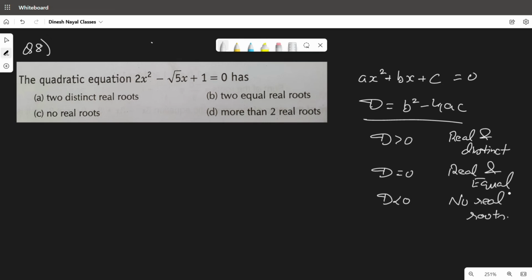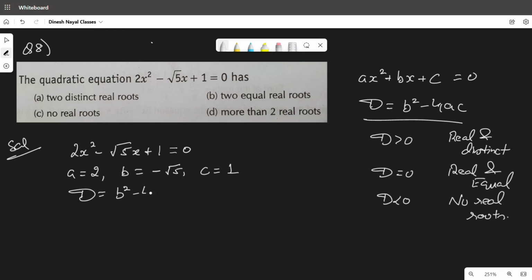Now, we have been given the equation 2x square minus root 5 x plus 1 equals 0. What is a? A over here is 2, b is minus root 5, and c is 1. Now calculating the discriminant D, which is b square minus 4ac.